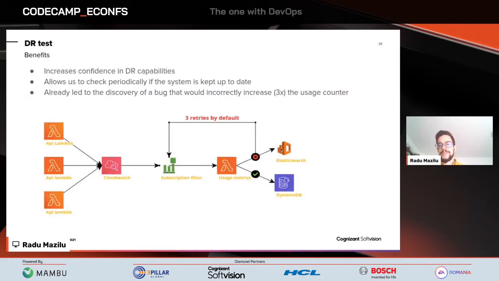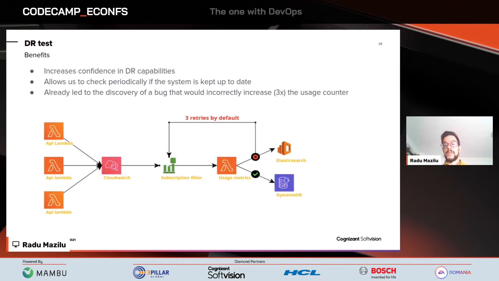But while running the test, I had a surprise. Everything worked well, but instead of seeing 1,000 requests in JMeter, DynamoDB, and Elasticsearch, I saw 1,000 in JMeter, of course, 0 in Elasticsearch.